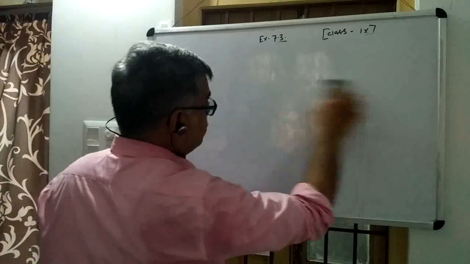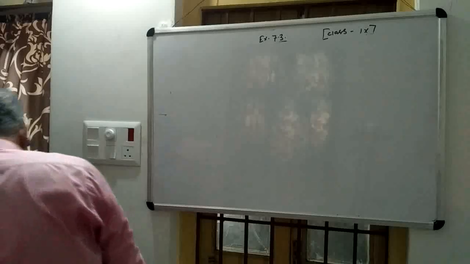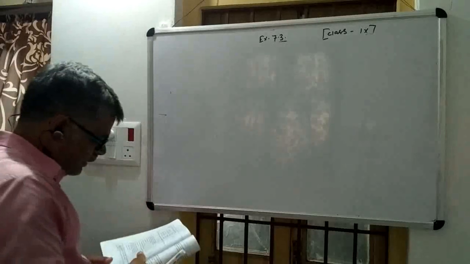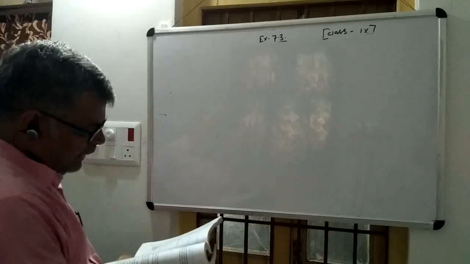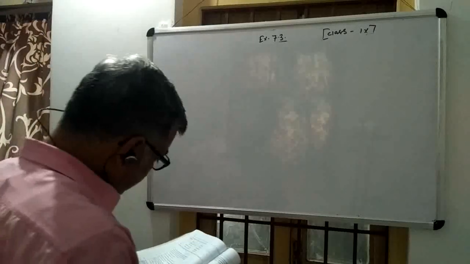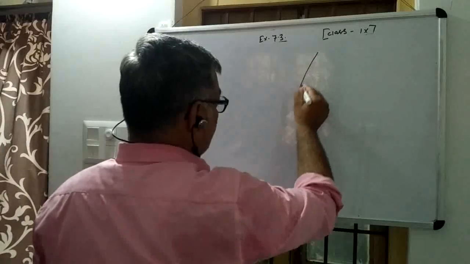This question is from exercise 7.3. Question number 3 is: in this question there are two triangles given. Triangle ABC, first we draw the figure.